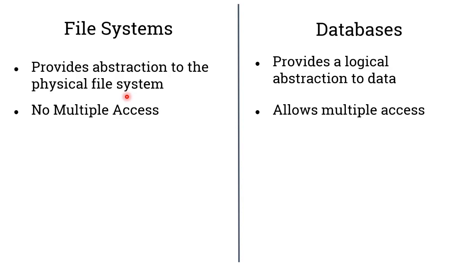Is it possible for the database to just serve one user, or is it necessary for the database to be able to give this access to multiple users as well? It is by design, it is required that the database should allow multiple users to access the same data, even though it is at the same time. And how do you go about doing it? That's a different problem. So file systems are generally good for unstructured data.